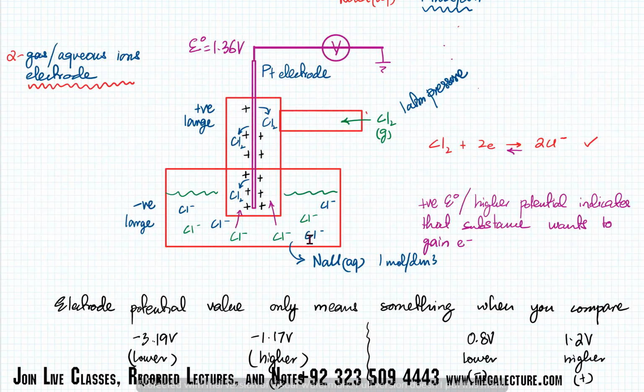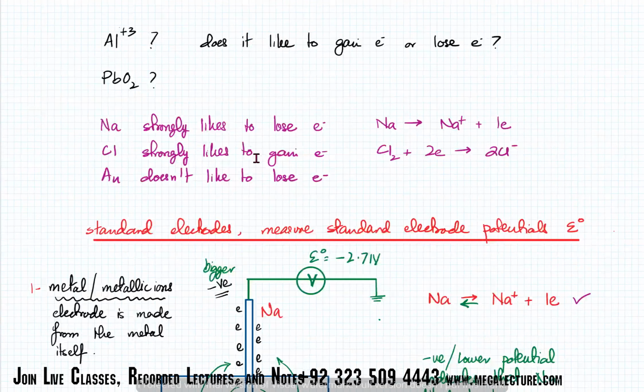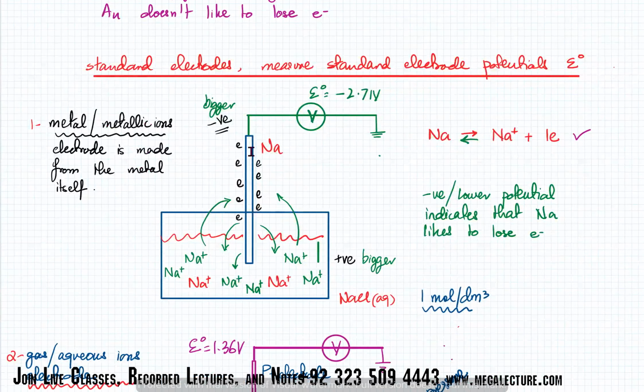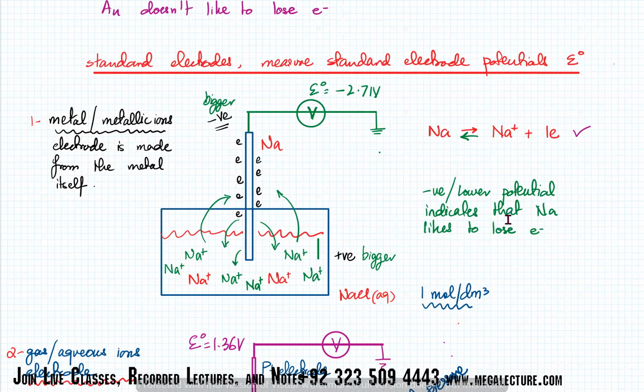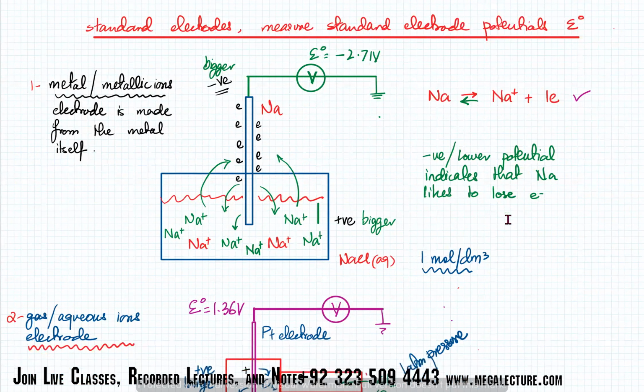It's just higher and lower. If the substance likes to gain electrons, the electrode will be electron deficient because the substance would gain all the electrons, and it will be positively charged. Vice versa, if the substance likes to lose a lot of electrons, the electrode will have a lot of electrons in it and it's going to have a lower potential. Main idea.